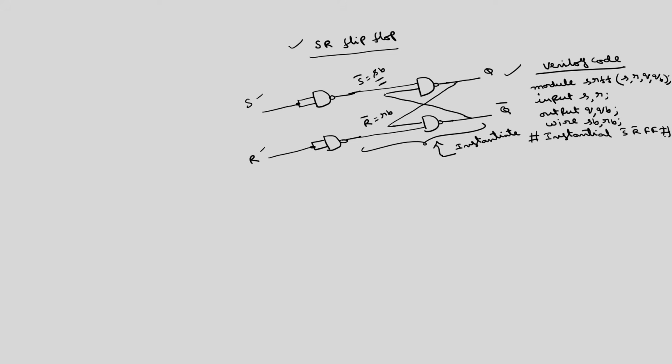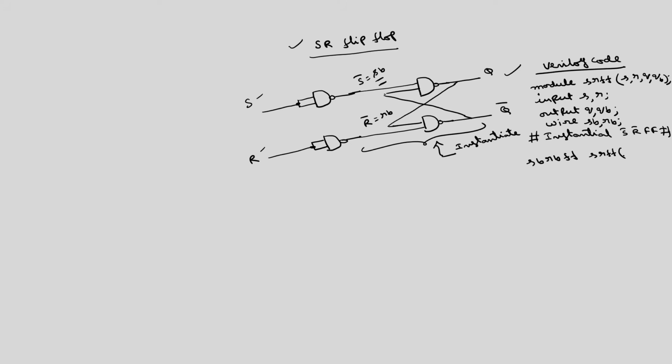So, how to instantiate? The name that I have given previously is SBRB flip flop. You can give some name for this one, you can give this name as SR flip flop.